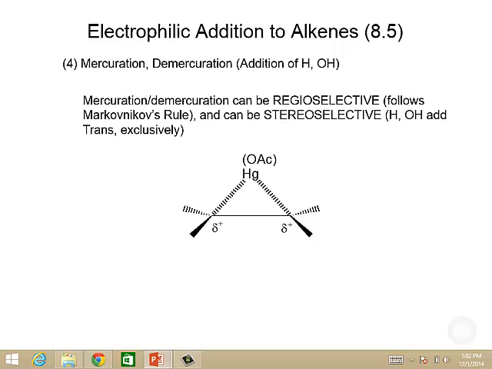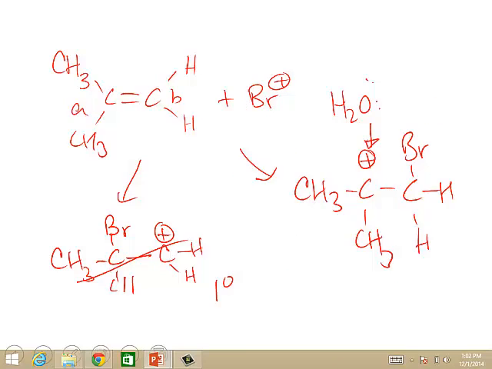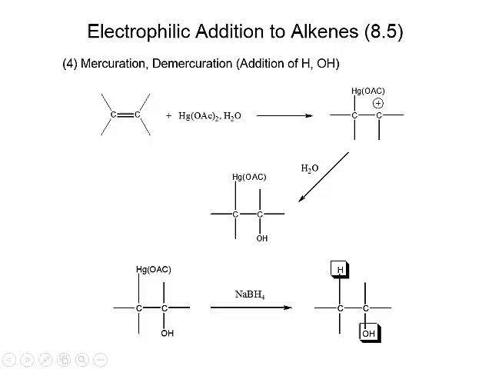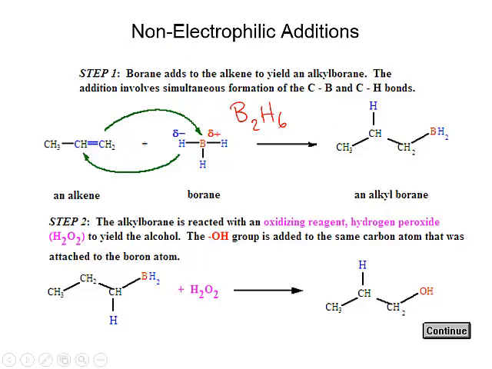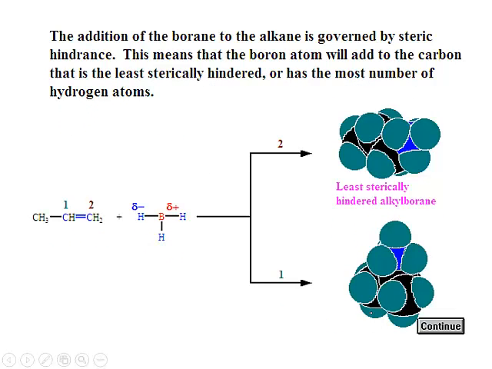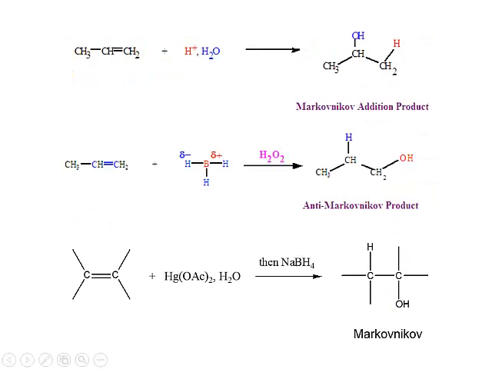Okay, so in terms of where we're picking up from last Tuesday, we talked about all sorts of additions, Br2 in water, H plus H2O, HCl, etc. We ended up with these 3 reactions, just showing the idea that we can add H and OH a number of different ways depending on the reagent that we use.